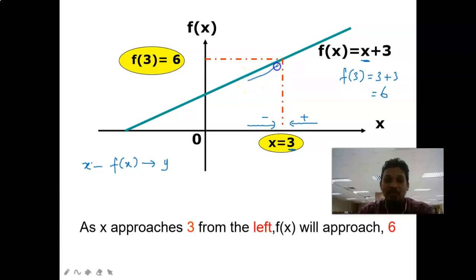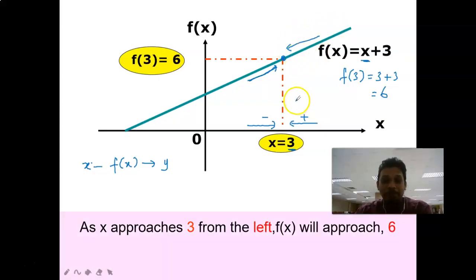It's approaching one value of y here from the left, from below, and also when x approaches 3 from the right, we recall the graph approaching the value of y from the right, or above here, sliding down.